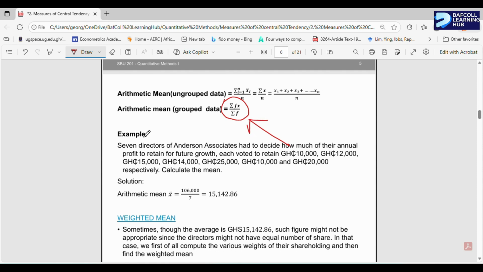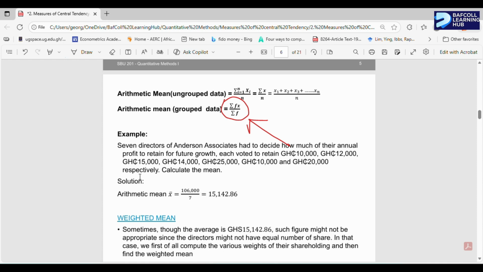So we will go straight and look at our first example. Seven directors of Anderson Associates had to decide how much of their annual profit to retain for future growth. Each voted to retain 10,000, 12,000, 15,000, 14,000, 25,000, 10,000, and 10,000. Calculate the mean.